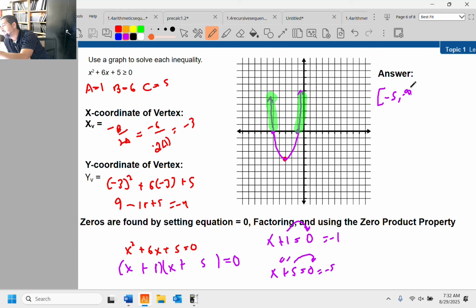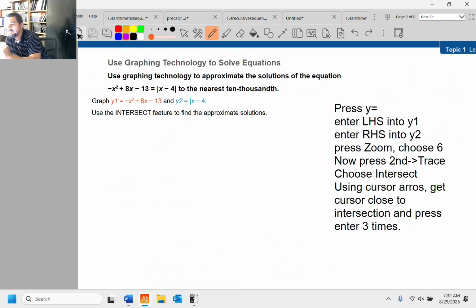And on the right tail, we are -1 to the right as far as x is concerned. So it looks like that. Or if you're a set builder kid, all values of x such that x is less than or equal to -5, comma, x greater than or equal to -1. Close the braces.